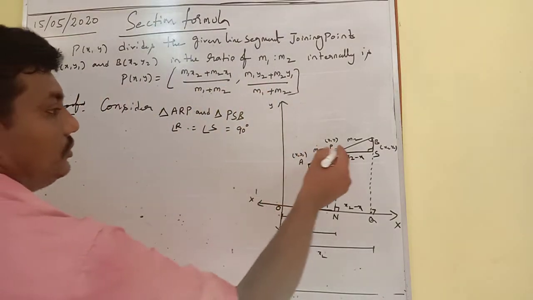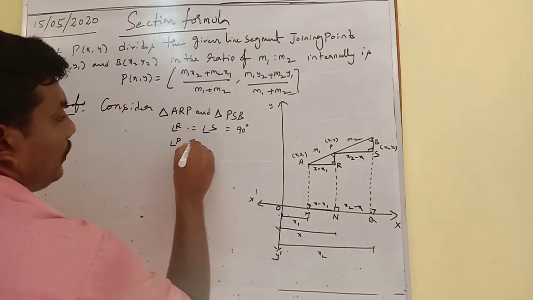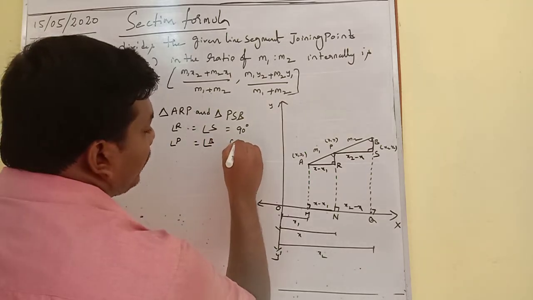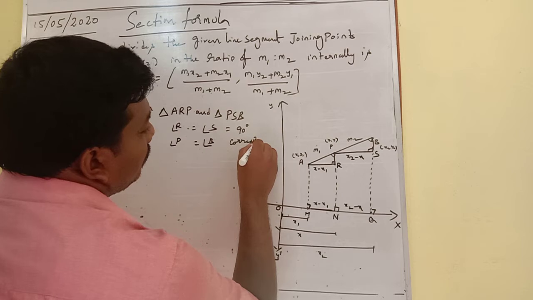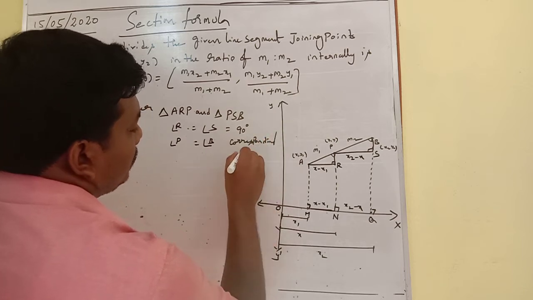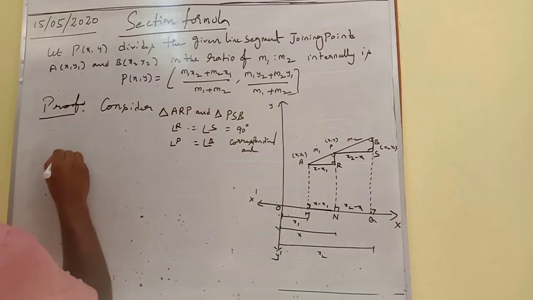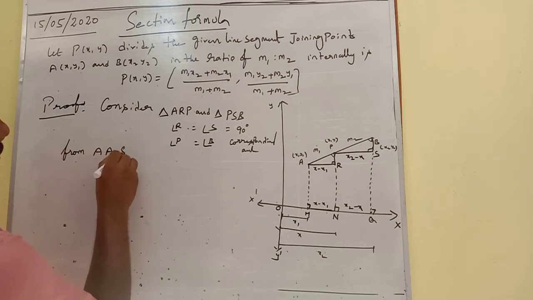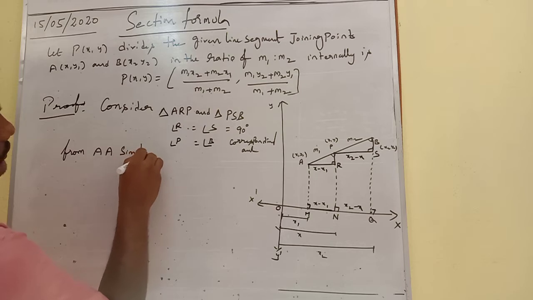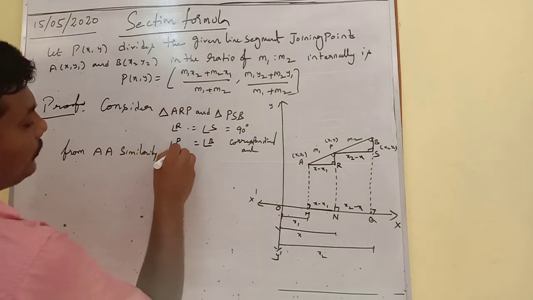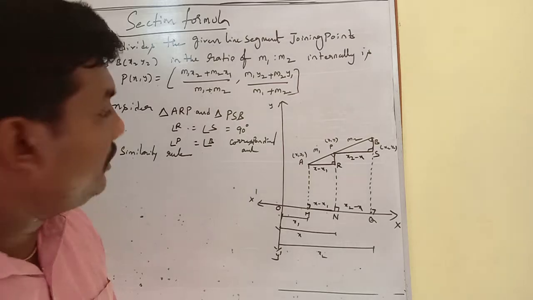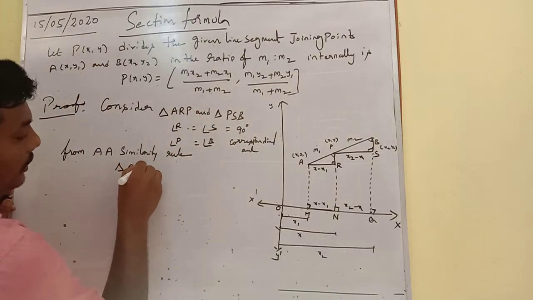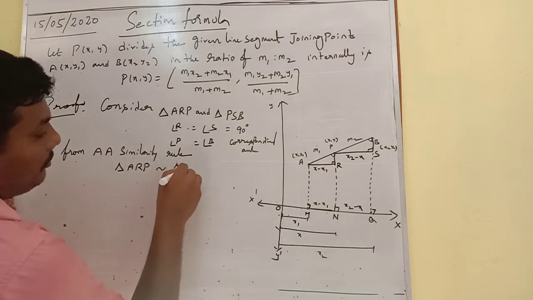That means angle P is equal to angle B. So from the AA angle similarity rule, both the triangles are similar. Triangle ARP is similar to triangle PSB.